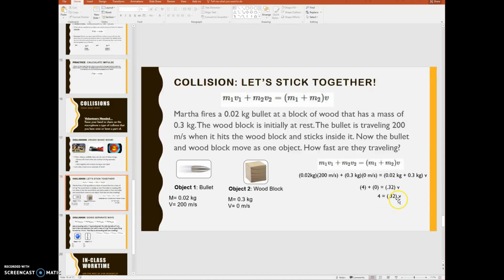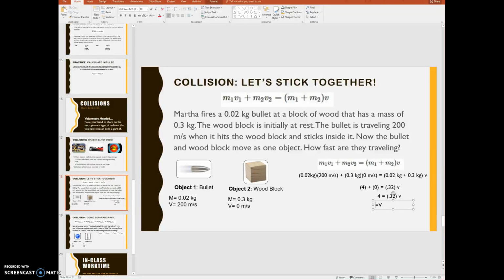Right now we are multiplying 0.32 times v. In order to get v by itself, I have to divide both sides by 0.32. Once I do that, I am going to cancel out that 0.32 on the left, so I'm just left with v, and let's see what v equals.